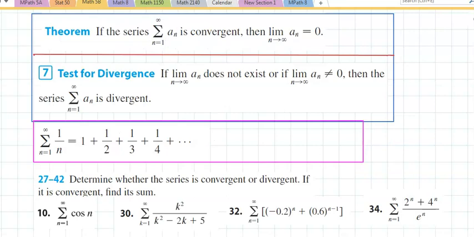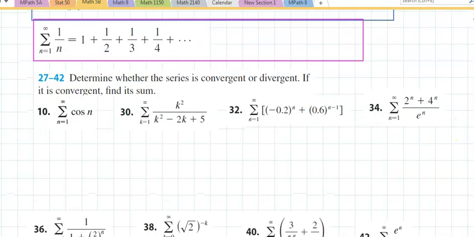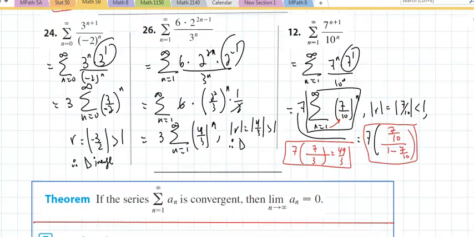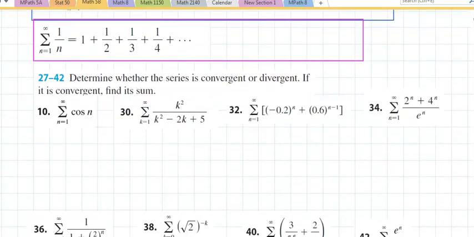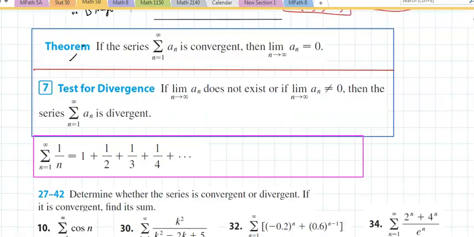Okay, the next set of problems, we need to get a couple of theorems out of the way. Let's talk about this part. Here, we have a theorem that says, if a series is convergent, then the limit as n approaches infinity of a sub n equals 0. It doesn't say much really, and we're going to use that barely, but I could use this in section 11.1.